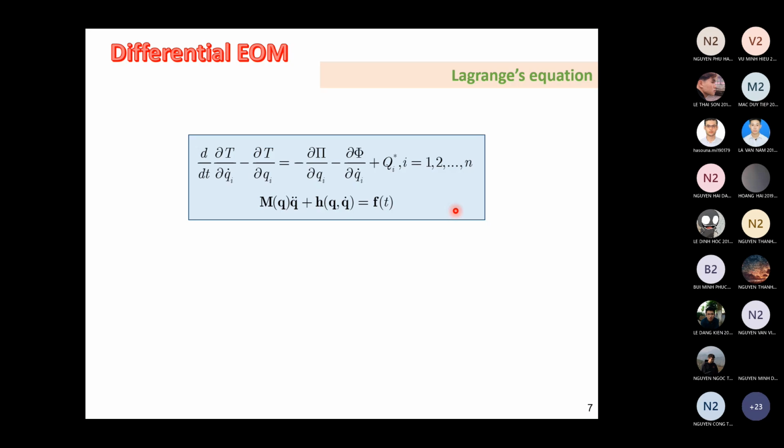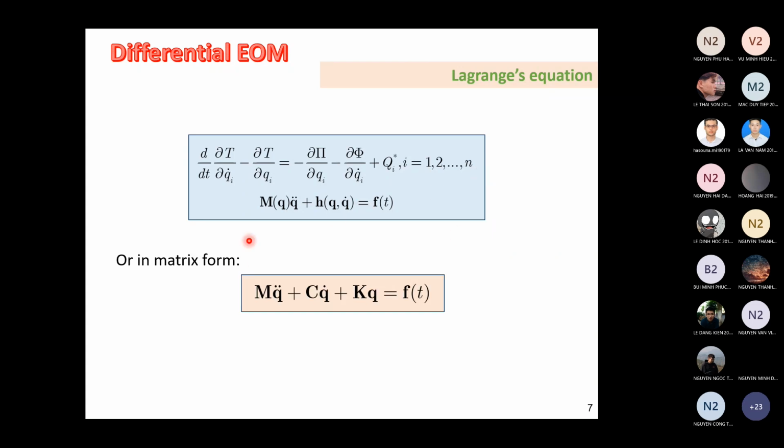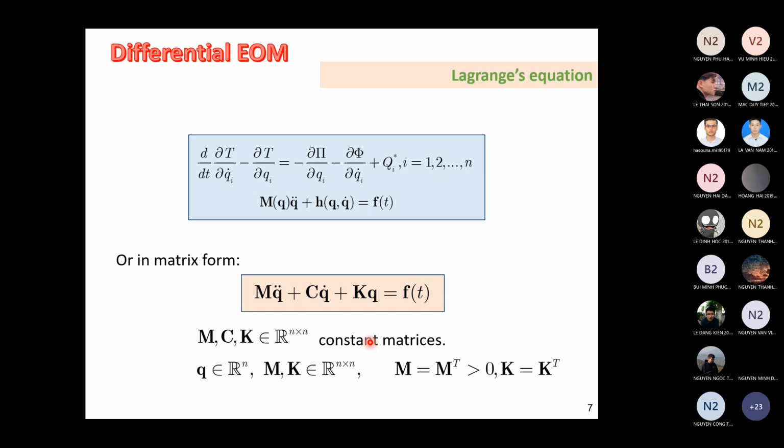And because we have more than one coordinate, we will have a system of equations. And the system of equations we transfer into matrix form, and we will calculate everything by matrix calculation, where here we have the M, C, and K matrices. So those are called the constant matrices.